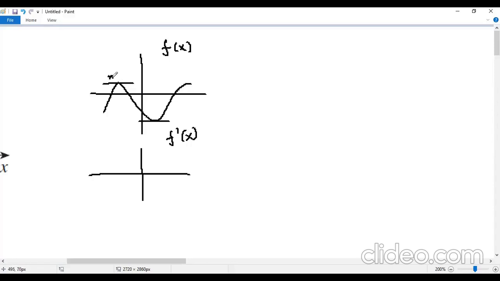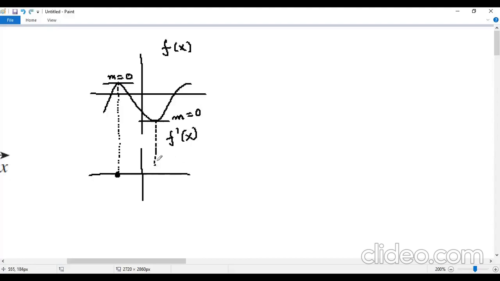So at this point, m is equal to 0, and at this point, m is also equal to 0. We want to reflect that fact on the other graph. We'll put a point here, and we'll put a point here, because this point as well has a tangent line slope of 0.